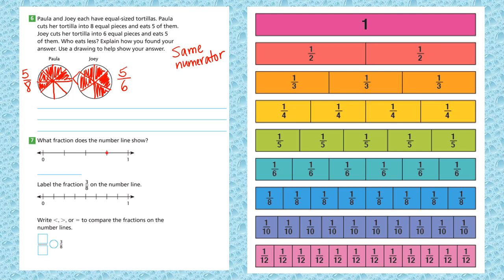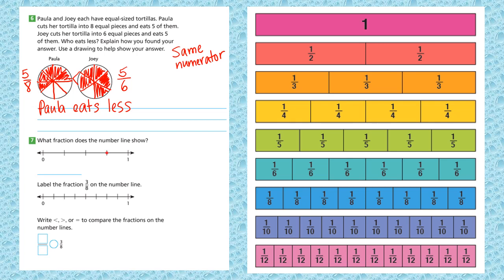Paula does eat less than Joey. 5/8 is less than 5/6. So who eats less? Paula eats less. And I can explain my answer by using the strategy of same numerator or by using my models.